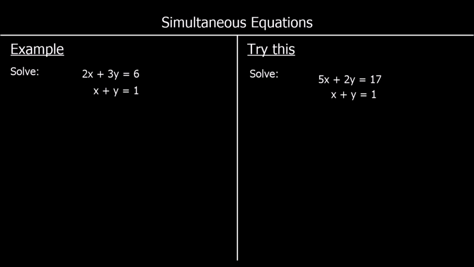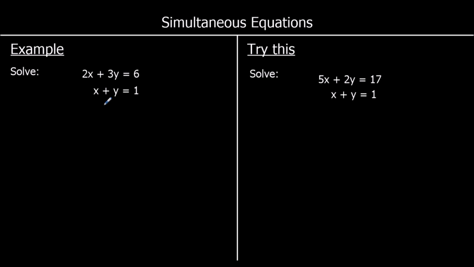But what we can do is we can change the equation. We can multiply our second equation by something to make either the x the same or the y the same. So if I multiply everything by 2, I can make the x's the same, and then I can eliminate x.